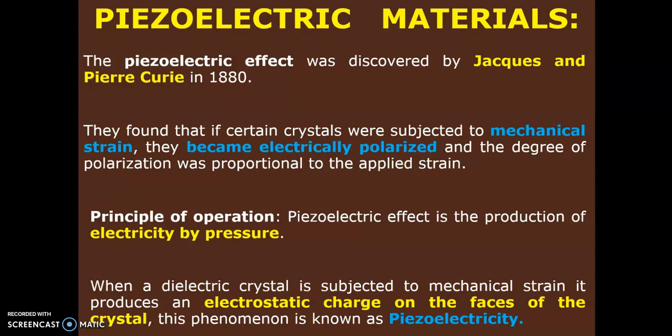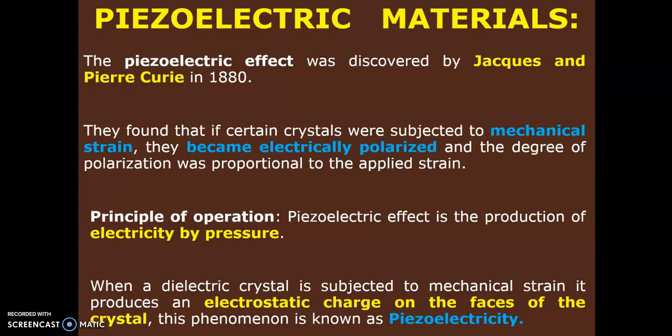And as there is a displacement, an electric voltage, an EMF, will be produced, because the positive and negative charges are not coincident at one point but are at some distance apart. So electricity will be produced when you apply mechanical strain.